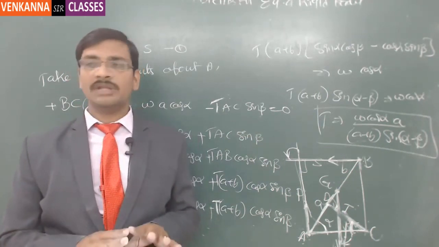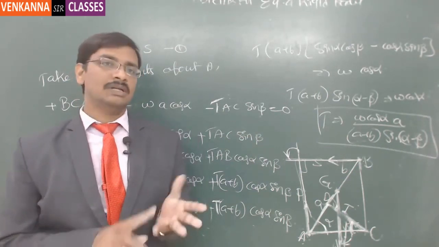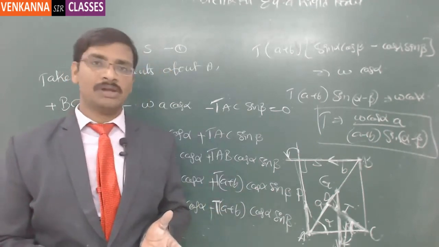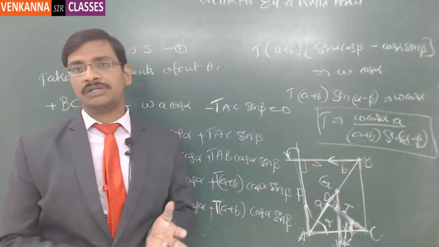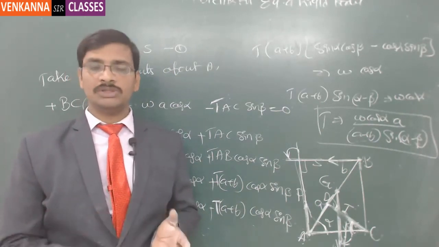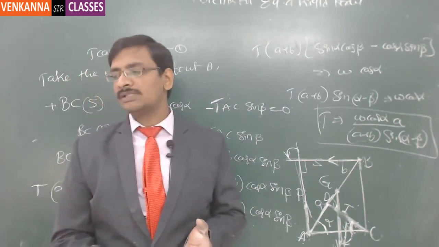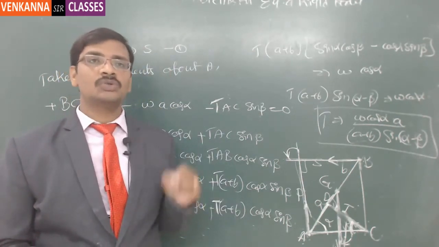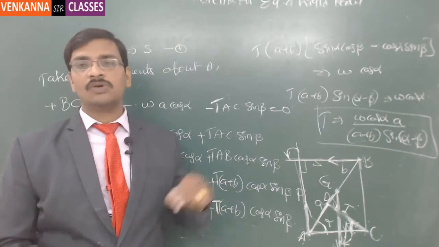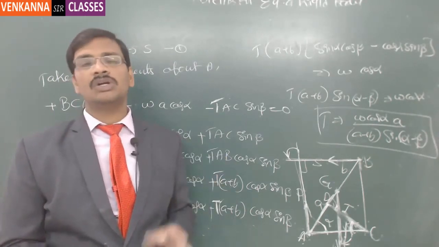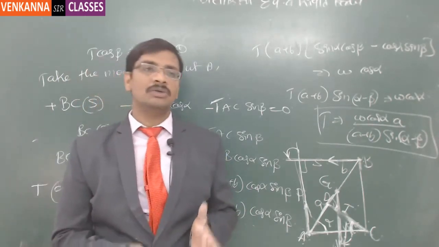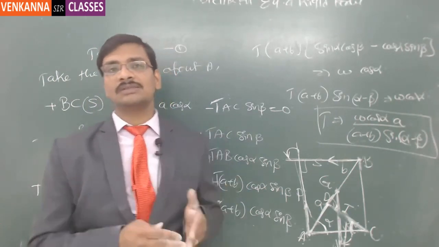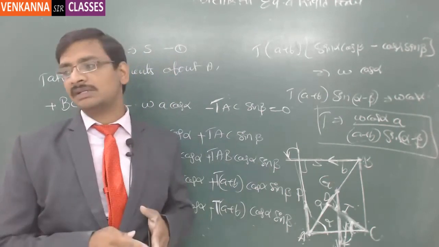Whatever the number of forces, they are always resolved into components along the x direction and along the y direction. Each has to be separately equal to 0. That is one condition. And the moments all together have to come out to be 0. In case there are unknown forces, identify a point about which you take the moments so that those forces vanish. You don't need to consider those forces because you are taking moments about the point through which that force passes.